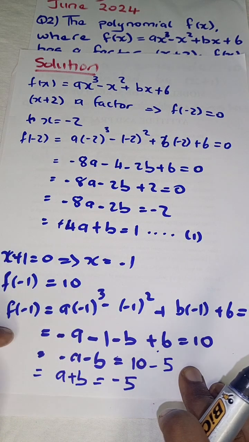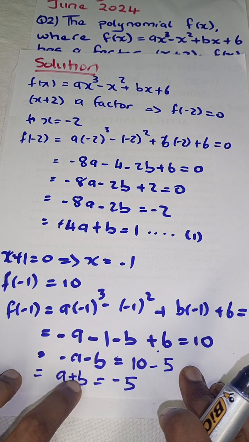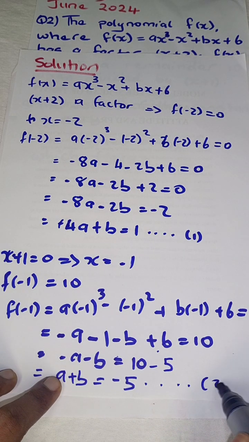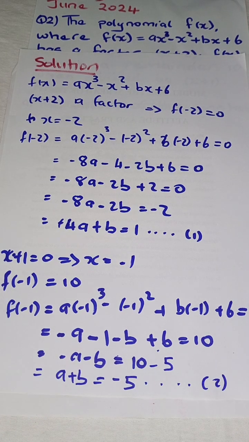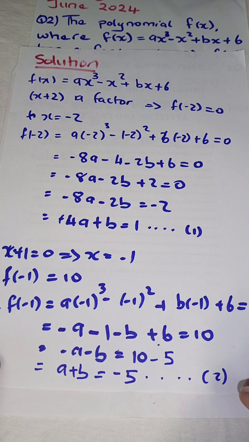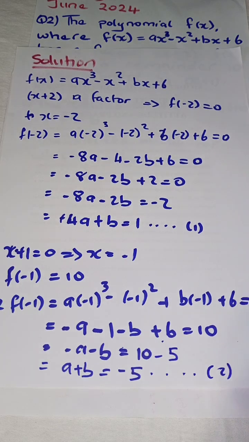Then divide all through by negative 1, you're going to have a plus b equal to negative 5, and we're going to call this equation 2. So now we have two equations with two unknowns. We have a pair of simultaneous equations which we're going to solve for a and b.